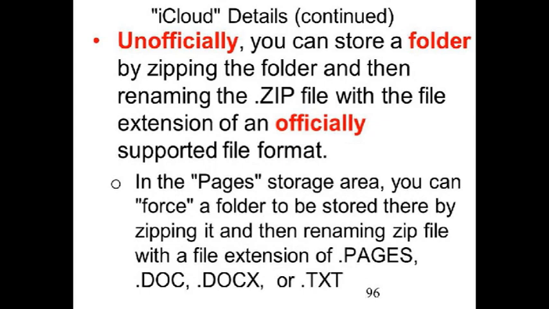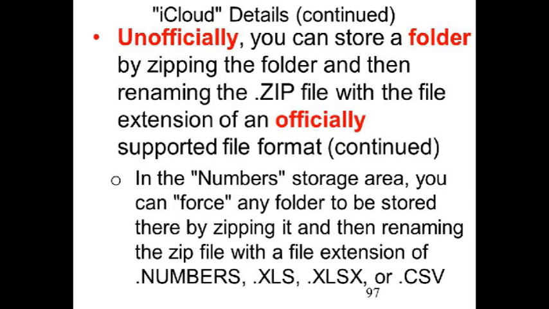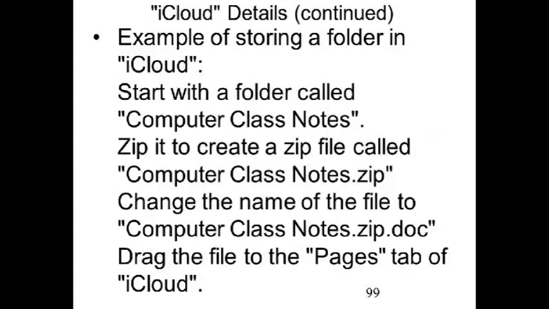Now, you can store entire folders up at iCloud by zipping them. That's also officially not supported by Apple. So if I zip a folder and then give it a .doc file extension, I can store that up in the Pages tab. I'll give you an example. I've got computer class notes, for a class that I'm teaching.